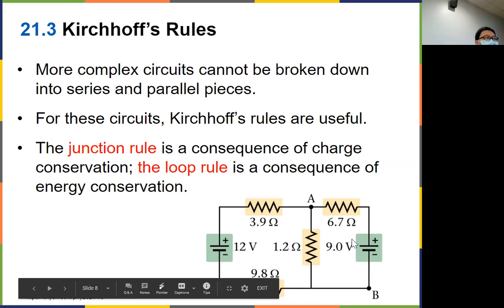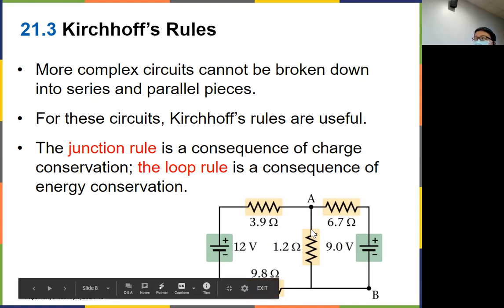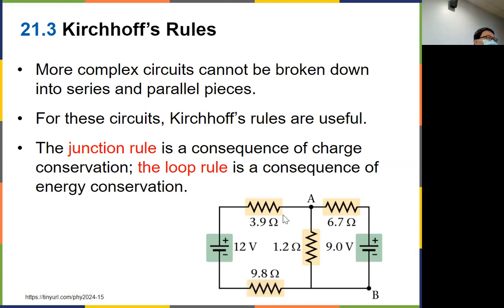When you have complex circuits like this, you cannot simply break them down into parts where the resistors are purely in series or in parallel. In that case, you have to apply certain rules called Kirchhoff's rules. There are two rules here. One is called the junction rule, and the other is called the loop rule.